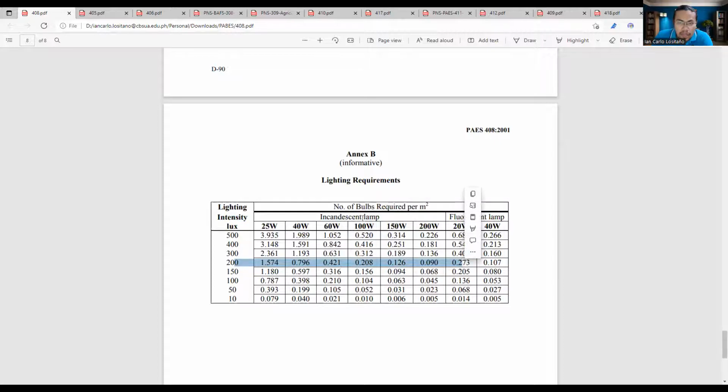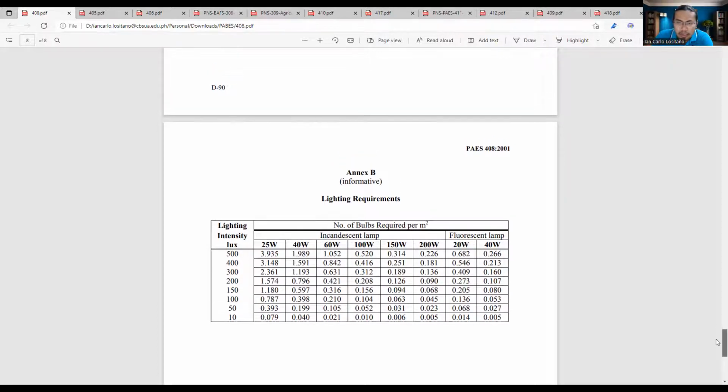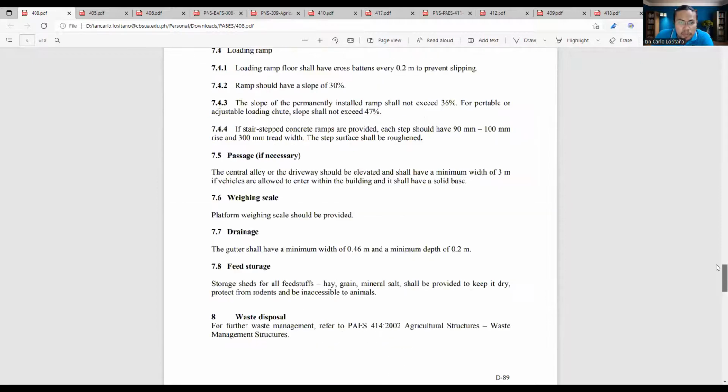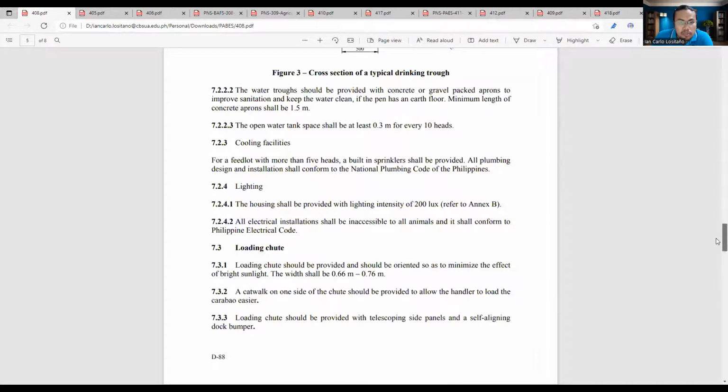The number of bulbs as required is as shown, based on the type of lamp, incandescent or fluorescent, and the discrete values of the wattages of these lamps. All right, let's proceed to the loading chute.